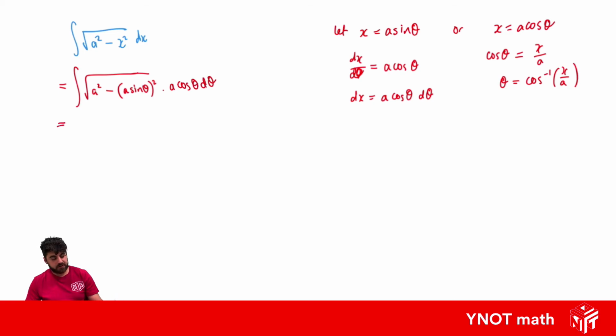We need to tidy this up first. We're going to have the integral of the square root of a squared minus a squared sine squared theta, times a cos theta d theta.